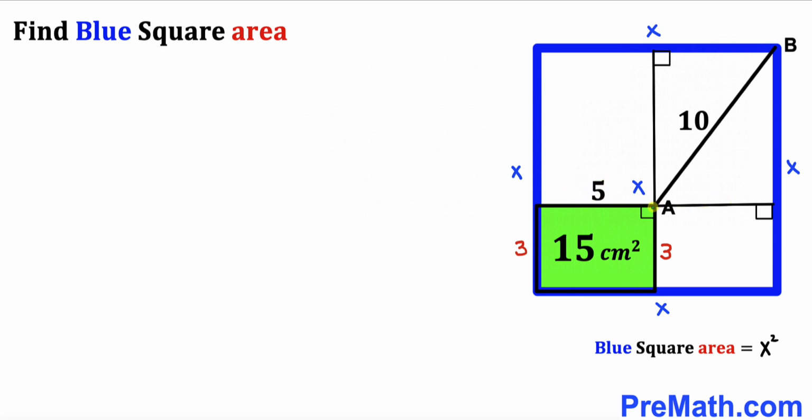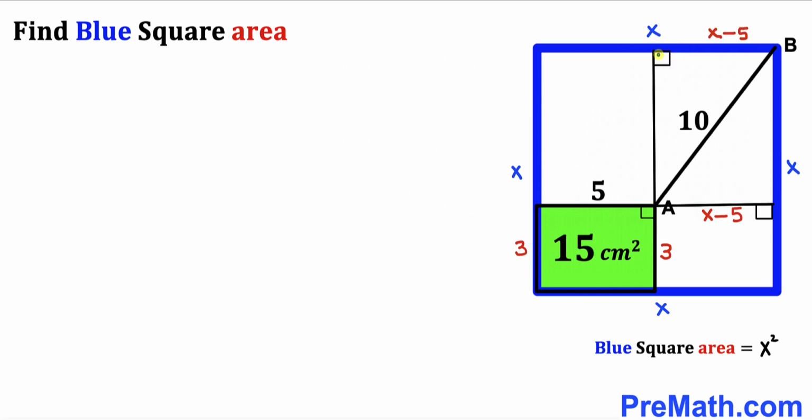So this remaining length is going to be x minus 5. And we know that this horizontal length and this segment length are equal.